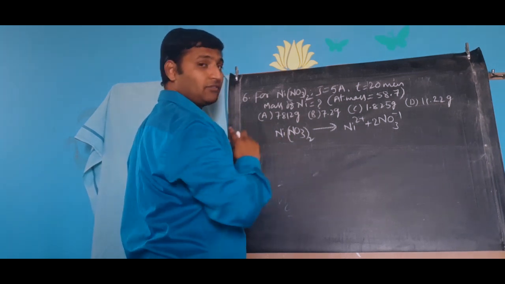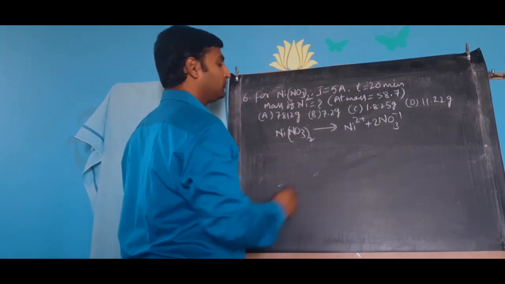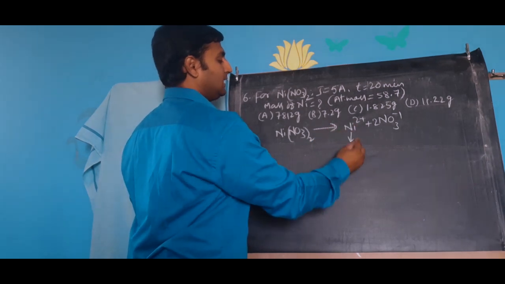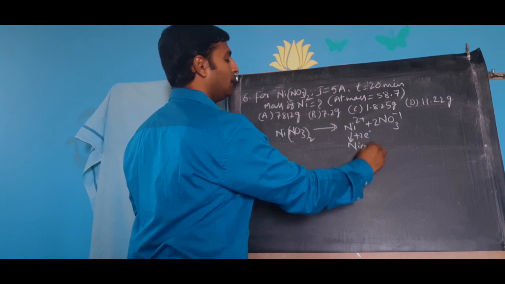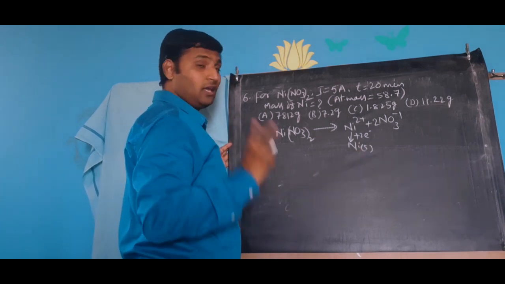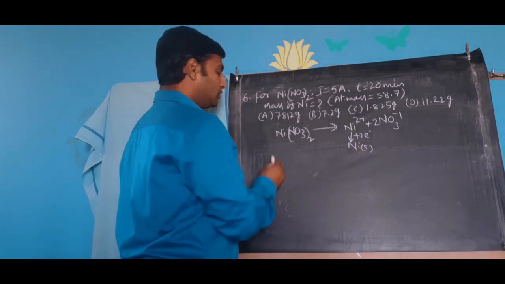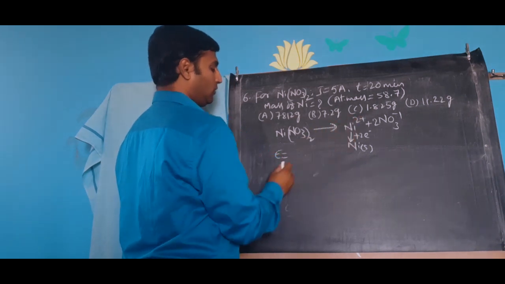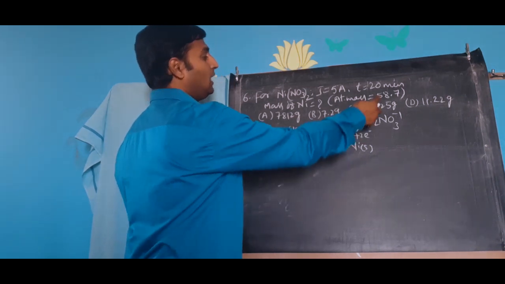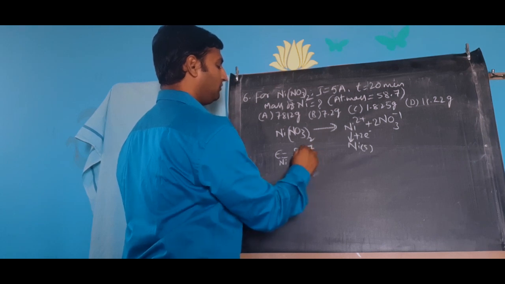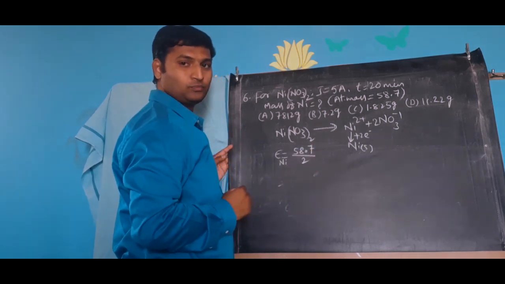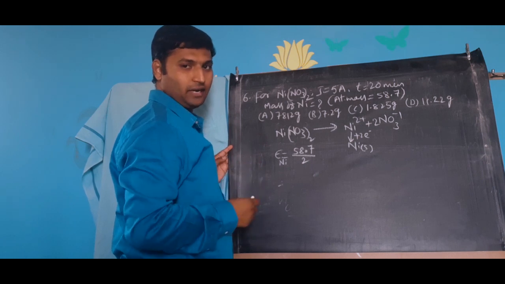This we should know by our fundamental knowledge of chemistry. Nickel is in its plus 2 oxidation state, so it needs to gain 2 electrons to become neutral nickel. That's why valency in this case is 2. So the equivalent mass of nickel is, atomic mass being given as 58.7, 58.7 by 2. Let us keep it, we can simplify it later.